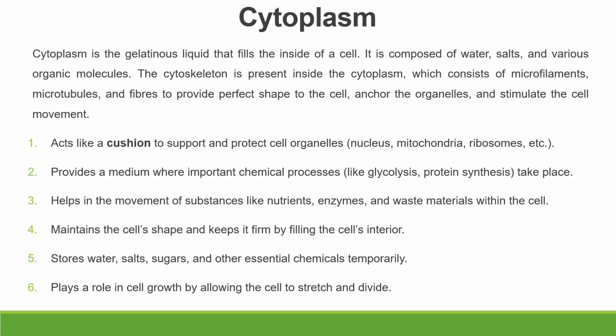So here we can see the functions of the cytoplasm. It acts as a cushion, giving support and protecting the cell organelles like the nucleus, mitochondria, ribosomes and other organelles. It provides a medium where important chemical processes like glycolysis and protein synthesis take place.